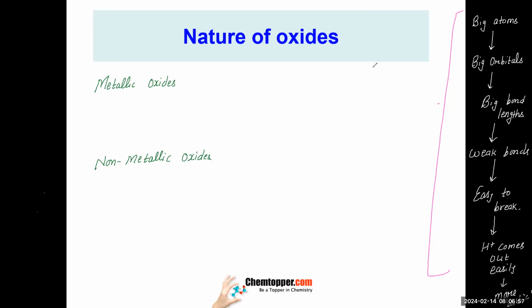Metals can lose. Remember that. Metals, they lose electrons always. Like sodium metal loses 1, magnesium loses 2, aluminum loses 3. Metals can lose electrons. So what can non-metals do? Non-metals can gain electrons.